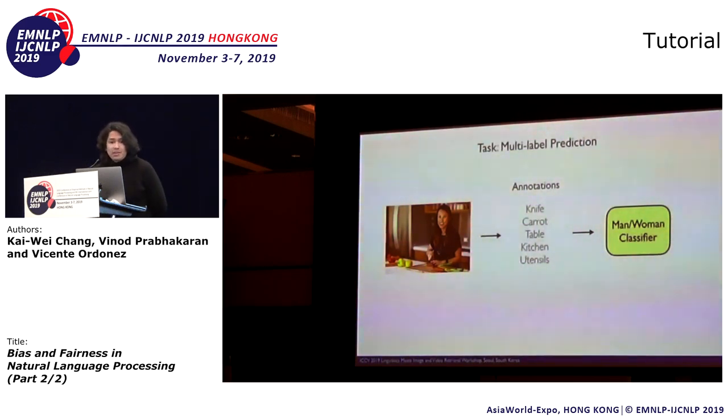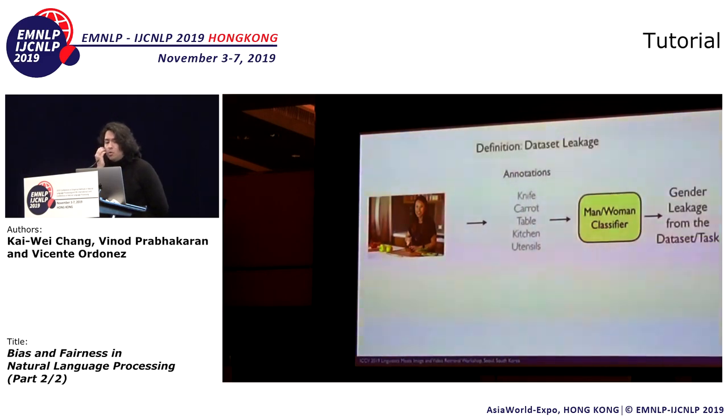And we train a classifier on top of these annotations to see if we could predict, based on the objects in the scene, whether there is a man or a woman in the picture. And we could do it pretty well, actually. So we call this gender leakage coming from the data set or the task. So the task itself is biased.